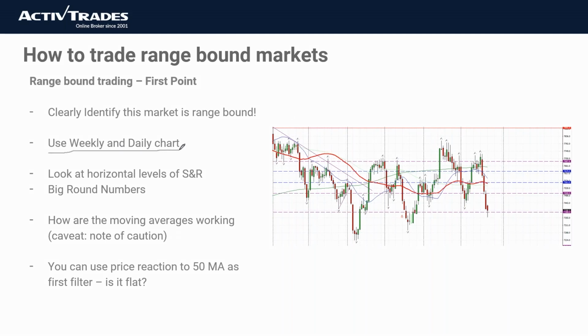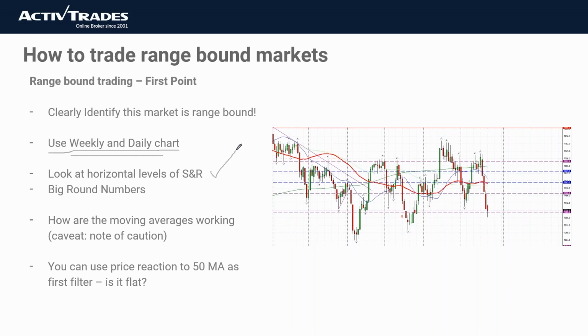So, my suggestion is, as I said, the longer term range bound markets provide opportunities to trade those particular swings. So my suggestion is always that if you focus on the weekly and the daily charts, that gives you a great opportunity to identify possible range bound markets.